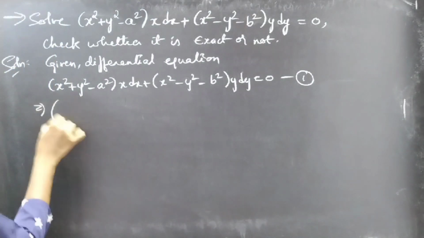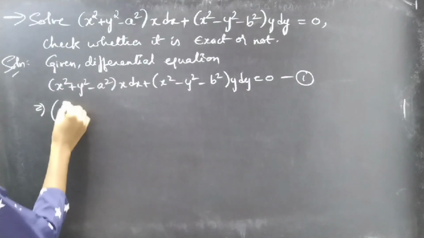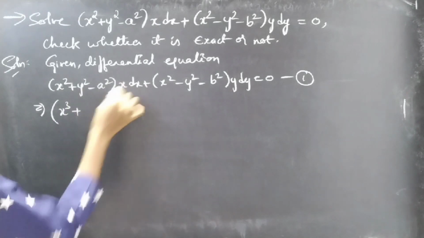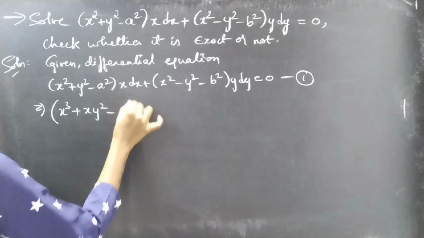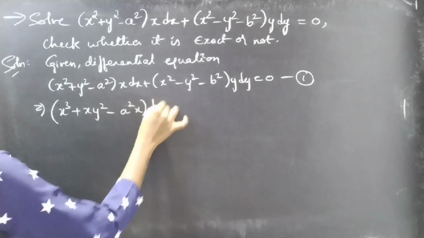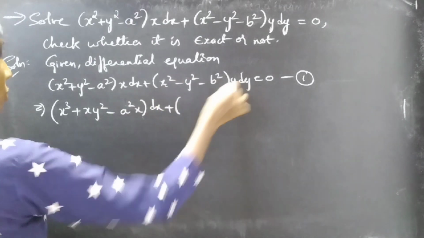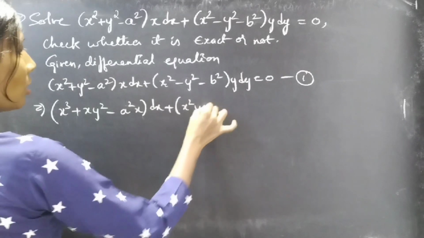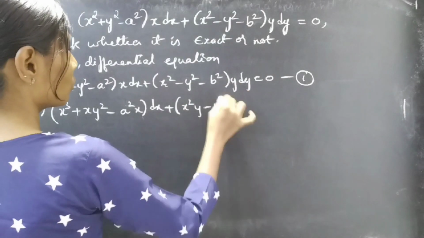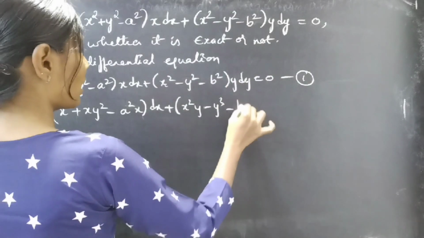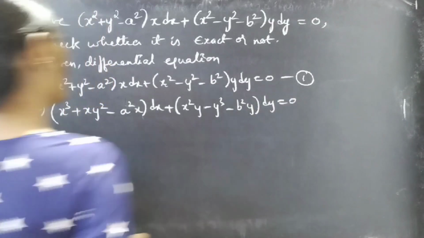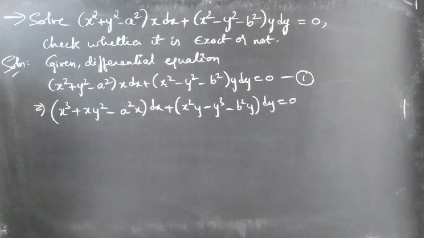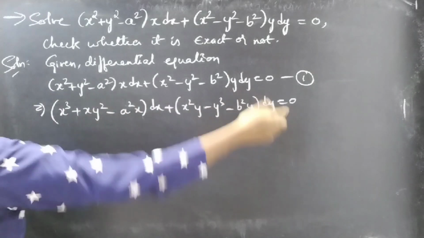Now we can write this equation as (x³ + xy² − a²x) dx + (x²y − y³ − b²y) dy = 0, which is in M dx + N dy = 0 form.